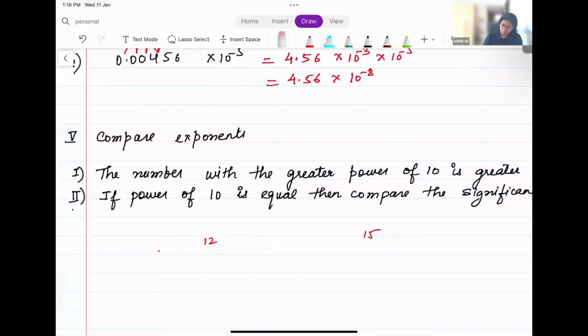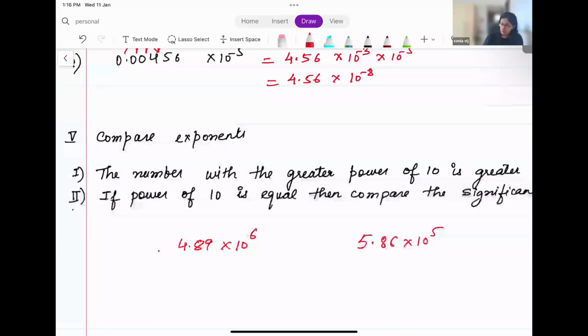But if the numbers are in standard form, 4.89 into 10 to the power 6 and 5.86 into 10 to the power 6, they are in standard form and have equal powers of 10. In that case, we compare the significant part only.